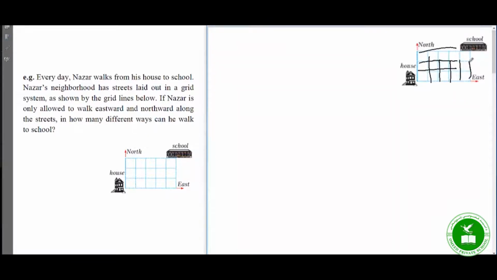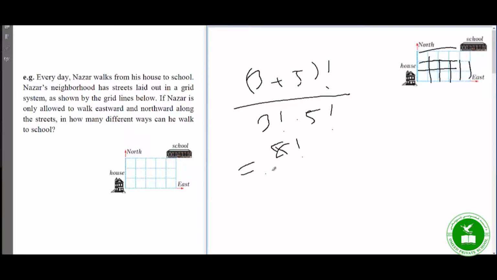But the total number of streets here, 5 plus 3, is the total number of identical streets, over how many streets are identical to eastward. There are 3, so 3 factorial. And how many streets are to the north side? There are 5 identical streets. So the total number of different ways that Nazar can walk to school from his house is 8 factorial over 3 factorial times 5 factorial.